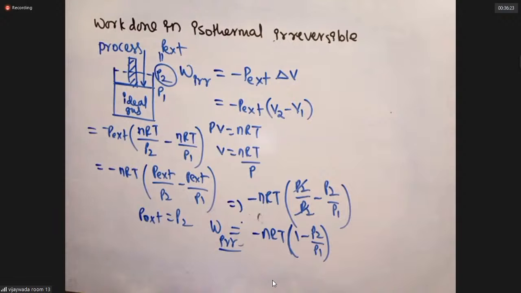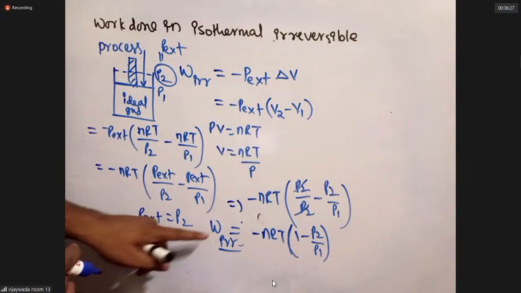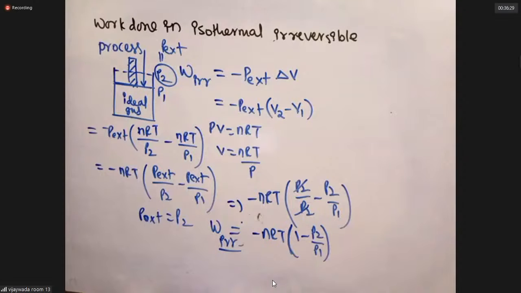Don't use this equation for reversible, and for reversible don't use this equation. They will mention in the question whether it is a reversible or irreversible process. So by studying the question clearly: if it is free expansion, 0. If it is a reversible process, that equation. If it is an irreversible process, this equation: minus nRT into 1 minus P2 by P1.